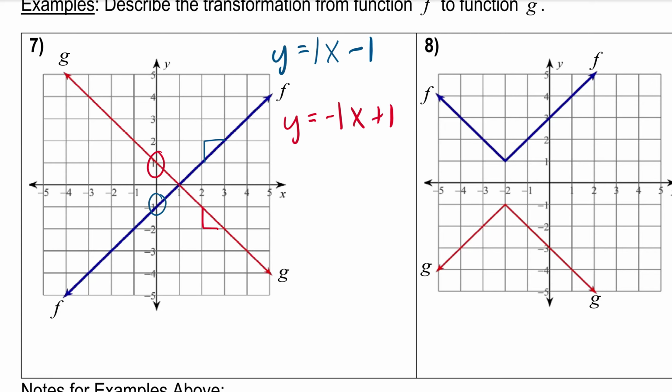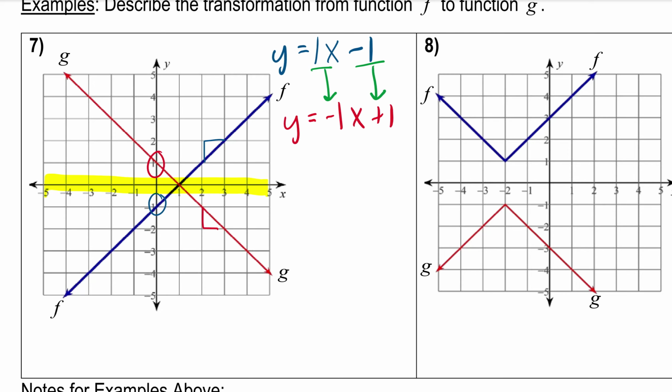So looking at the graph though, I can tell that I have reflected over the x-axis clearly, right? I'm going up on the blue one, then I'm going down and it pivots on that 1. But also, if I look at my functions, notice how this 1x becomes -1x, and this -1 becomes +1. So if everything switches signs, it's x-axis.